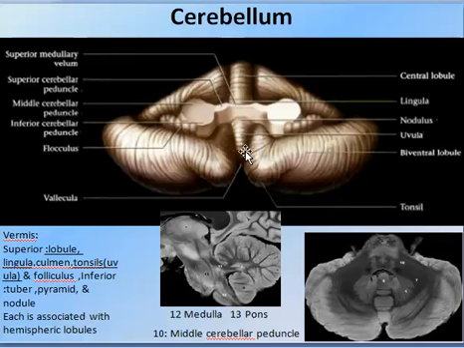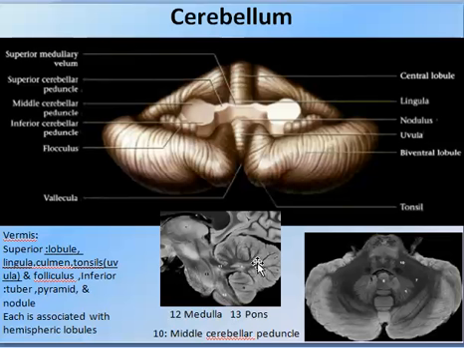So tonsils and uvula are considered almost similar structures. Inferiorly, from the other side, you will find what is called tuber, pyramid, and nodule, and each is connected with the corresponding hemisphere.